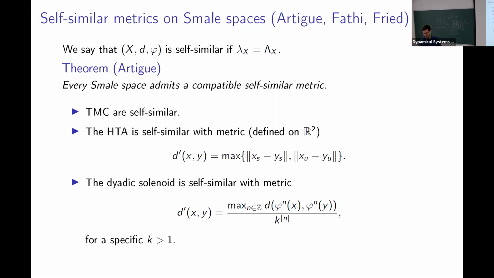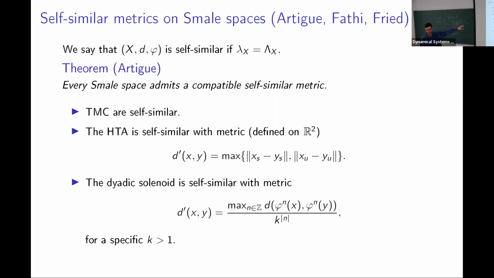In particular, Smale spaces admit those metrics. The metric is self-similar if the contraction or expansion rate of your Smale space is equal to the Lipschitz constant. You can define it in a different way, but it's equivalent.